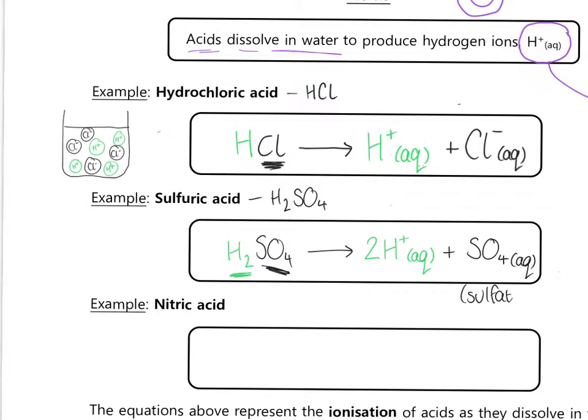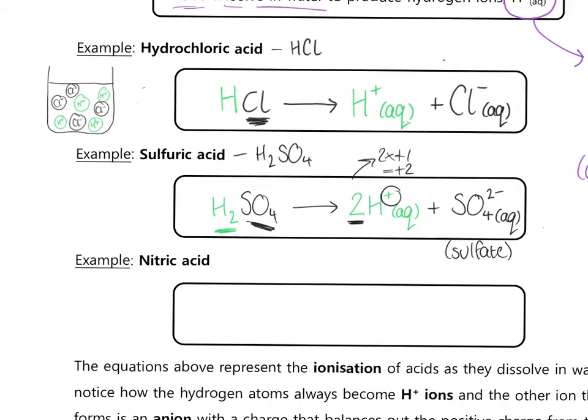Check the back of your periodic table and you can see that sulfate ions have a charge of 2-. Or we can see that we have 2 hydrogen ions, each with a charge of 1+. So that's really 2 times +1, which is a total charge of +2 from my hydrogen ions. So therefore, my sulfate must have a charge of 2- to balance that out.